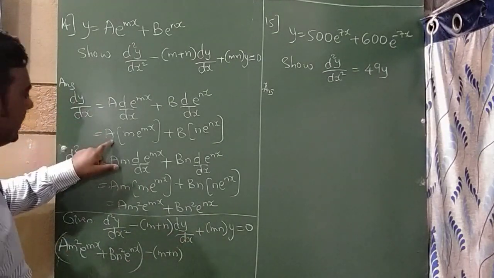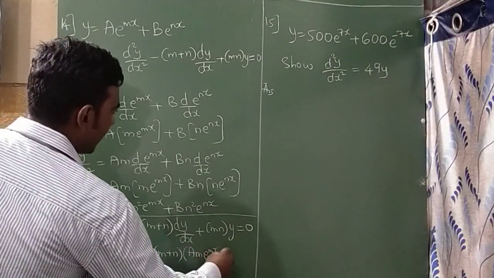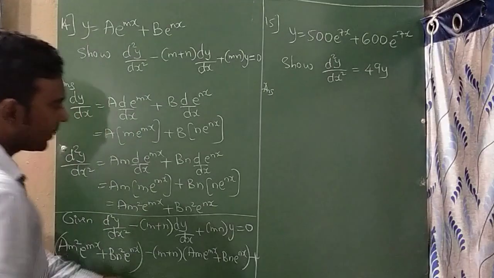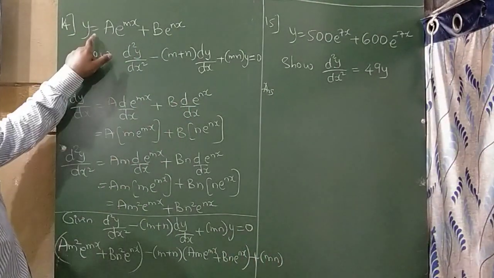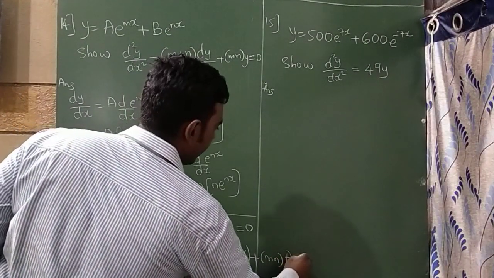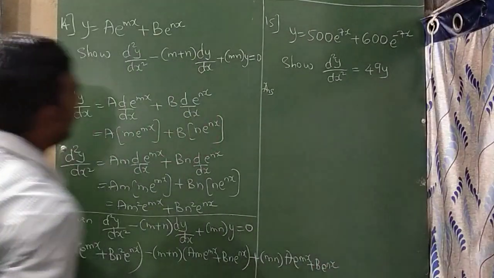What is dy by dx here? It is a m e raised to mx plus b n e raised to nx, plus mn into y. What is y? Y is the given question, that is a e raised to mx plus b e raised to nx.